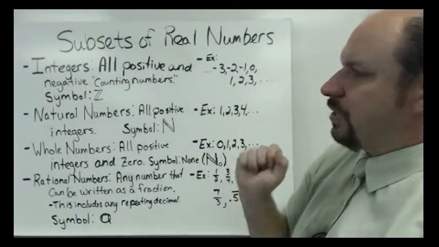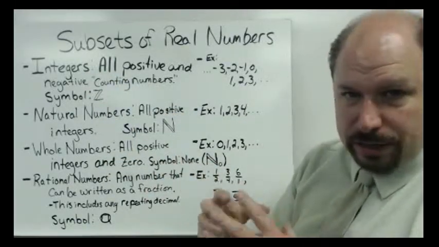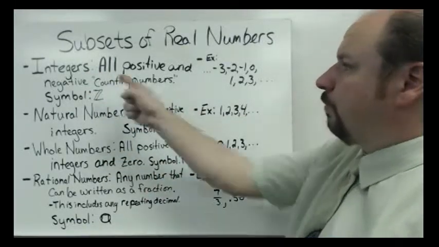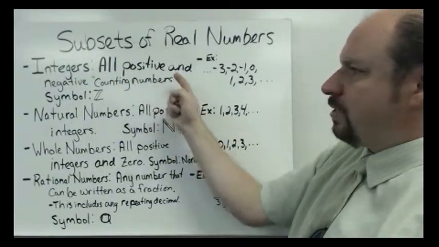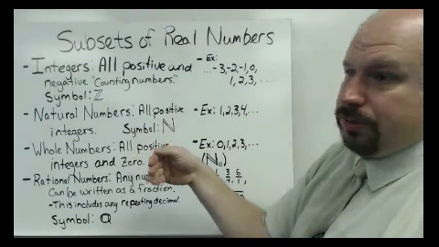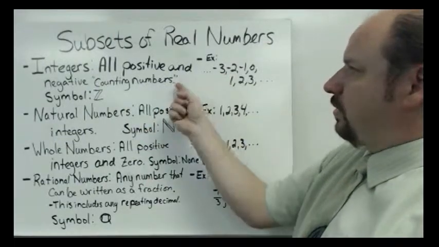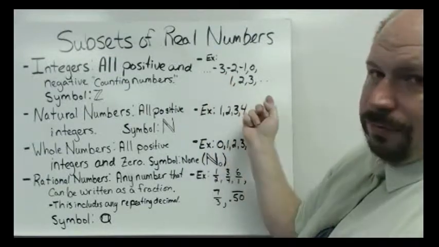Okay, so subsets. First subset. Remember, a subset is just a smaller set of those numbers. So our first subset is integers. And integers are all of the positive and negative counting numbers. So think of the numbers that you might use for counting, and it's all of the positive and negative ones of those. I actually have them all listed here.